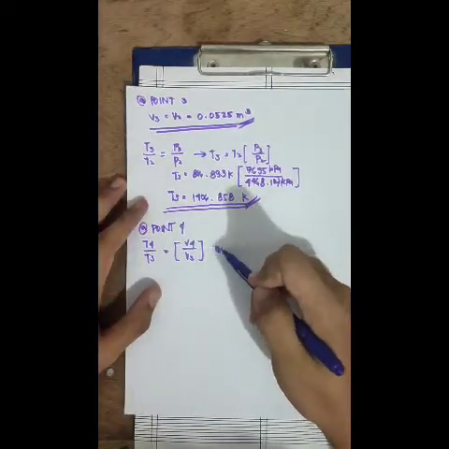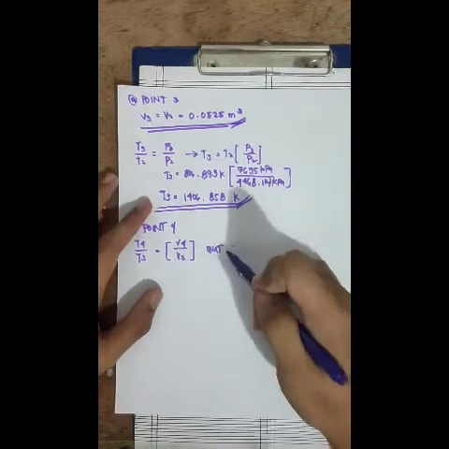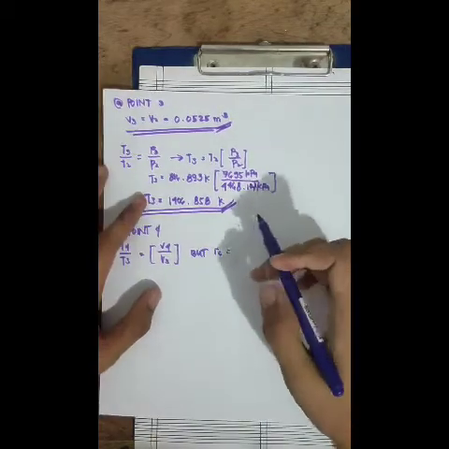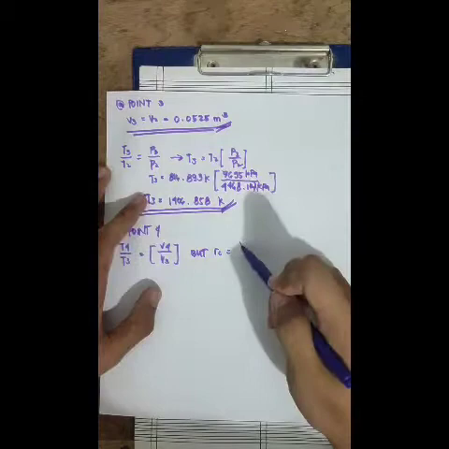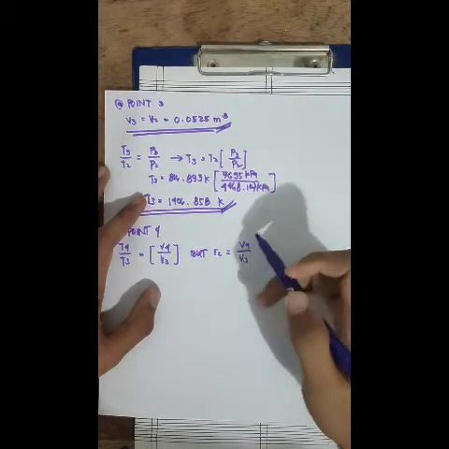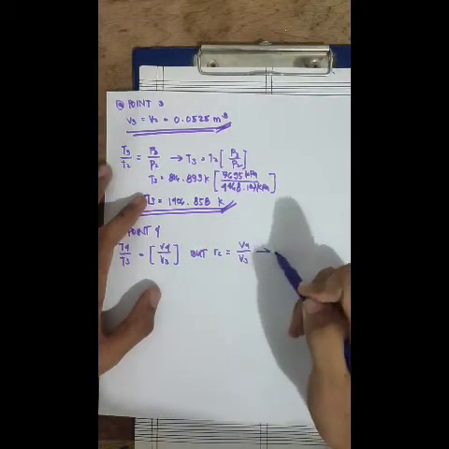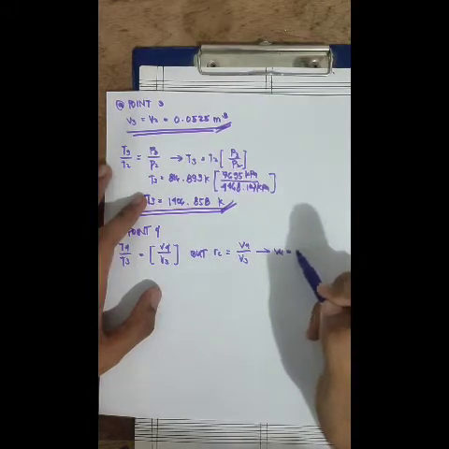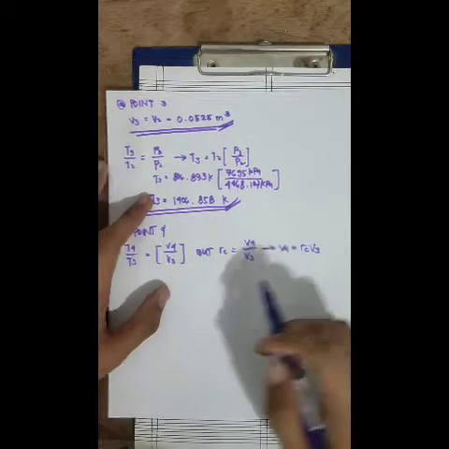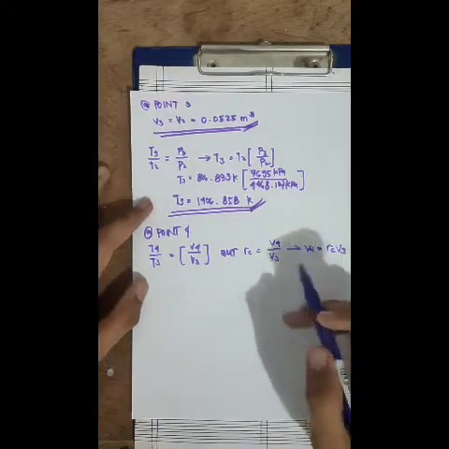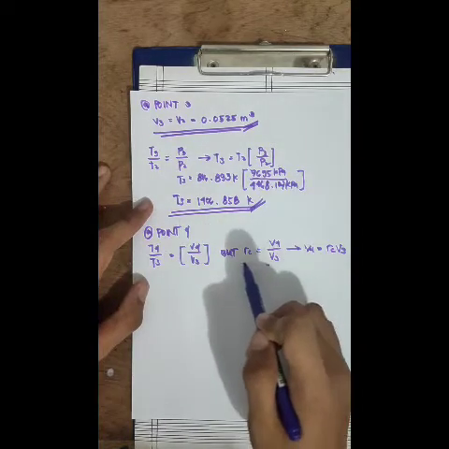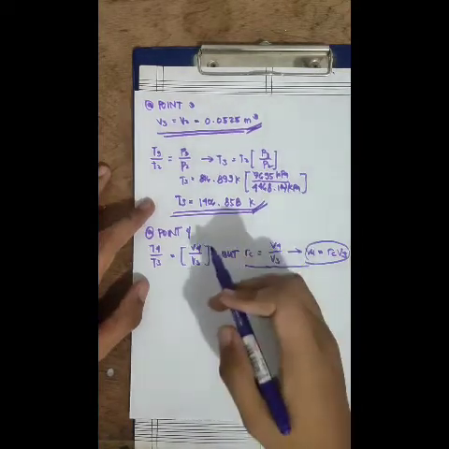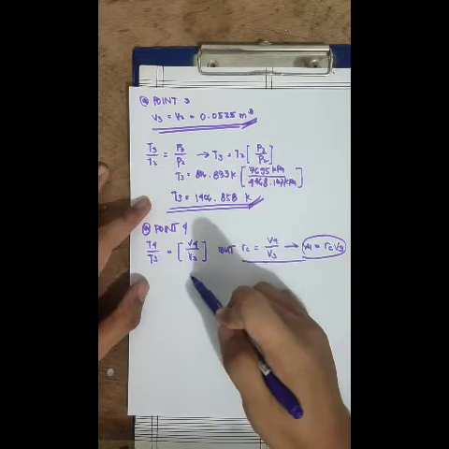But RC is equal to V4 over V3, so V4 is equal to RC times V3.